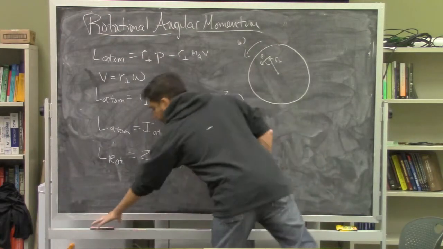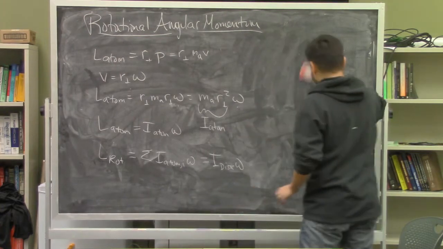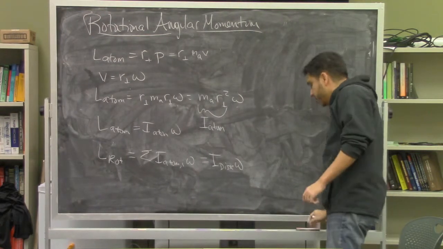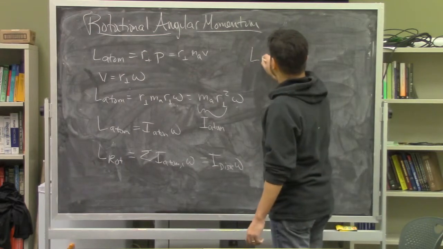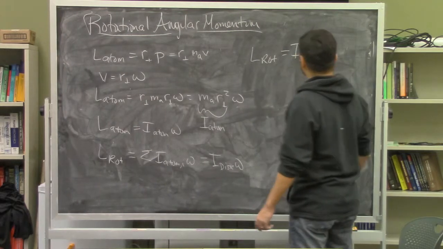So we have a definition for the rotational angular momentum associated with the collective motion of objects around a center, which is that its magnitude is I times omega.